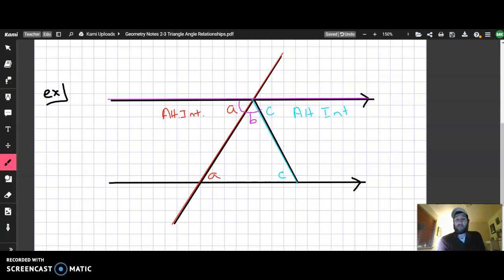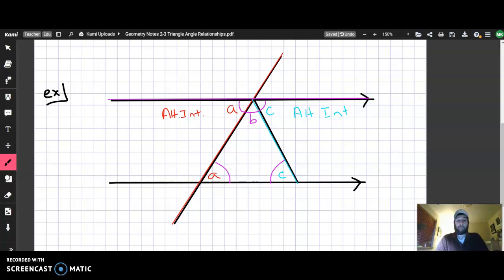From A to B to C, they all add up to 180 degrees because they're all linear pairs. They're all supplementary together. So, because of the fact that we have alternate interior angles on a straight line from our transversals, A and C added up with B equals 180 degrees.